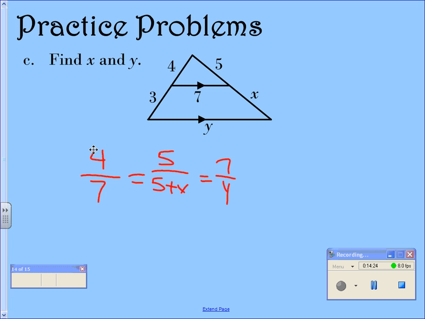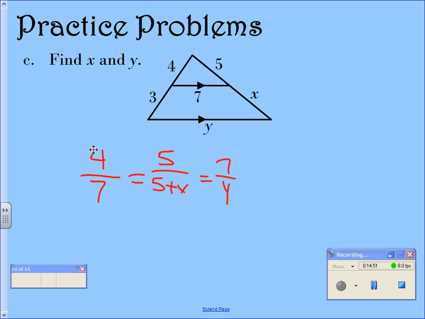Do you agree? Yes. You add them together. Three plus four. That makes sense?